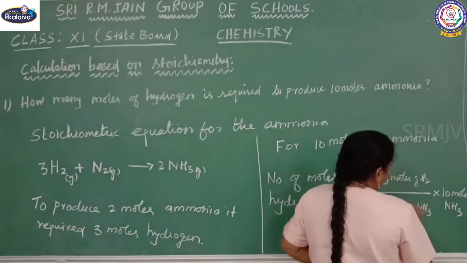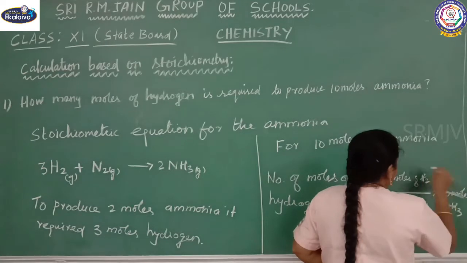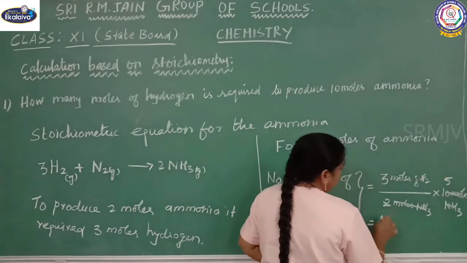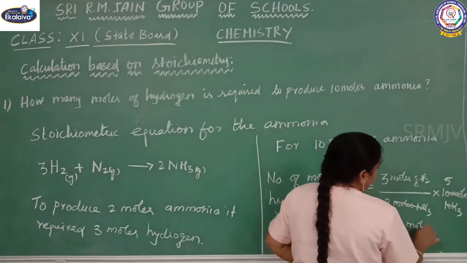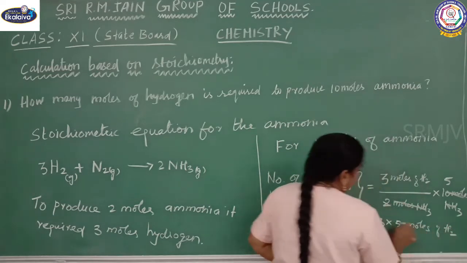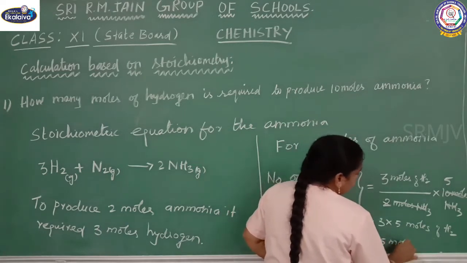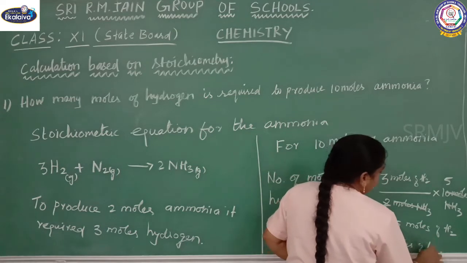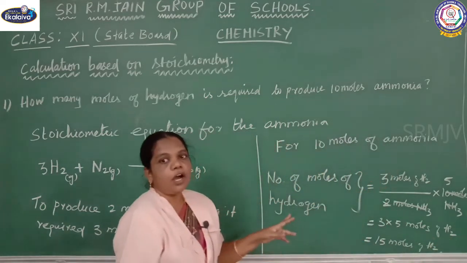Now the moles of ammonia cancel, 10 divided by 2 is 5, and this becomes 3 into 5 moles of hydrogen. So 3 into 5, 15 moles of hydrogen required to produce 10 moles of ammonia.